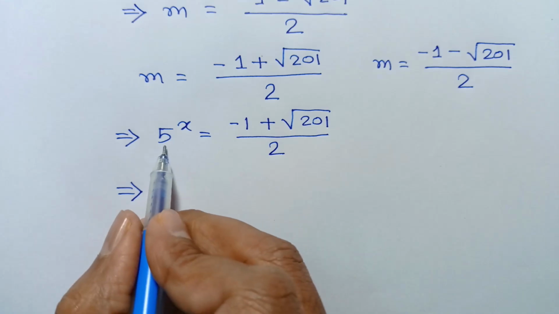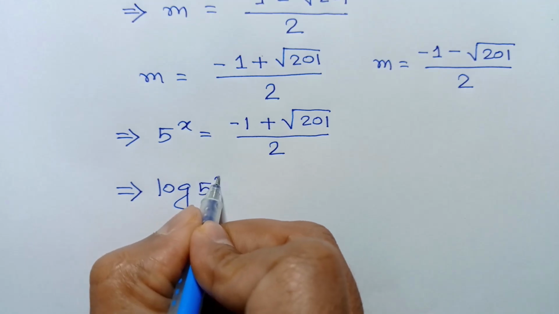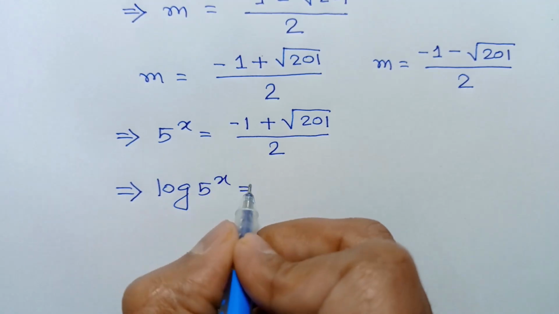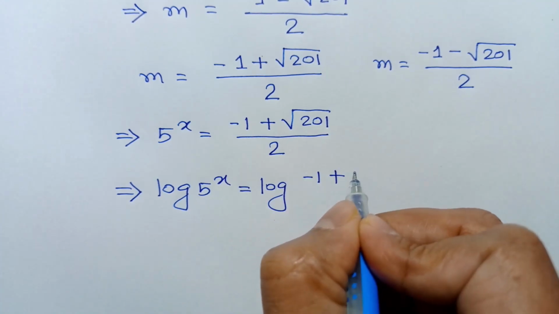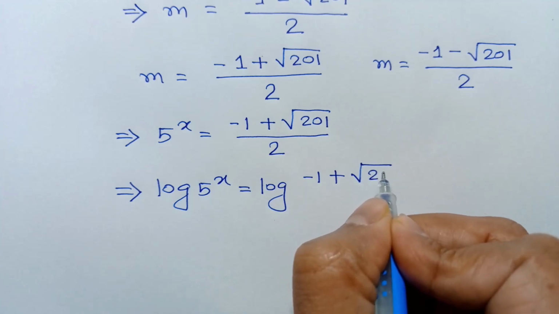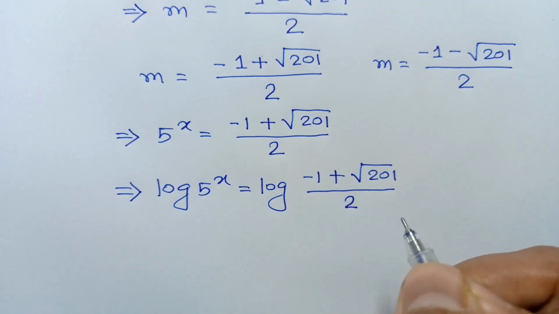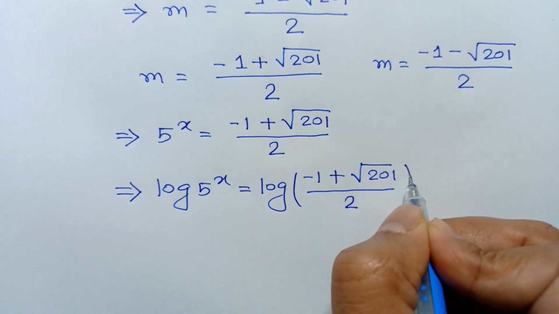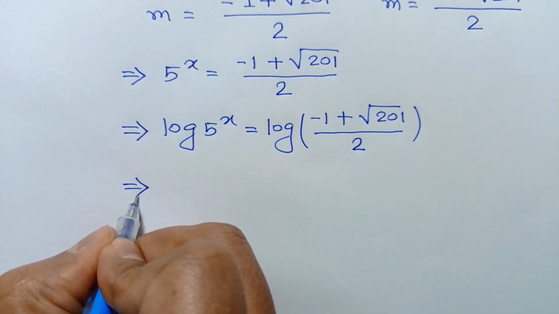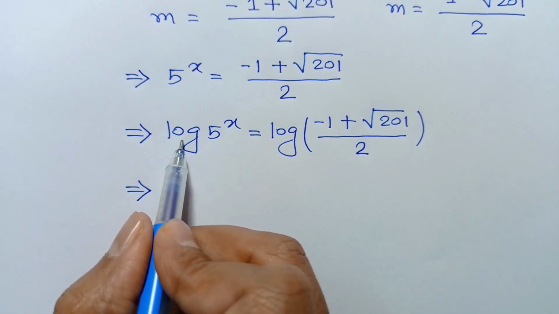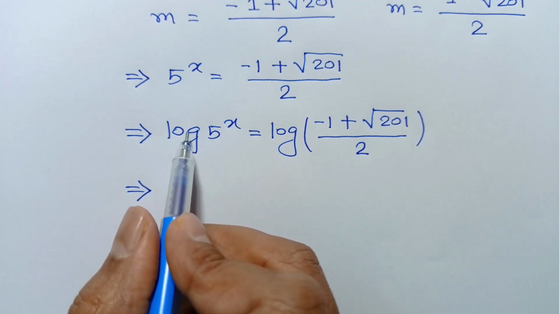Taking log to both sides, we can write log of 5 to the power x is equal to log of negative 1 plus square root of 201 over 2. According to the logarithm formula, log a to the power b is b log a.